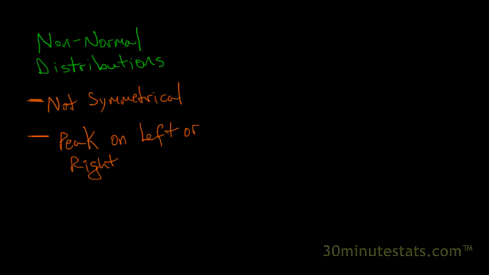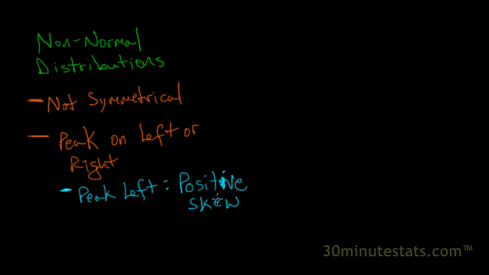And in fact, we can classify these. If the peak is on the left hand side, then this is going to be called positively skewed data, or a distribution that has positive skew.